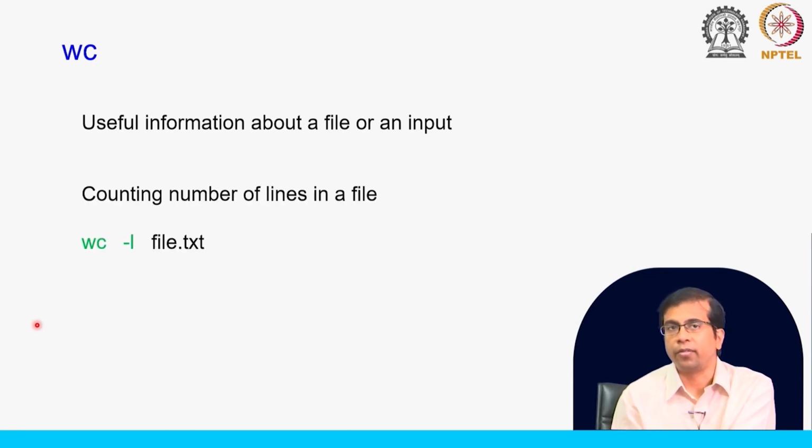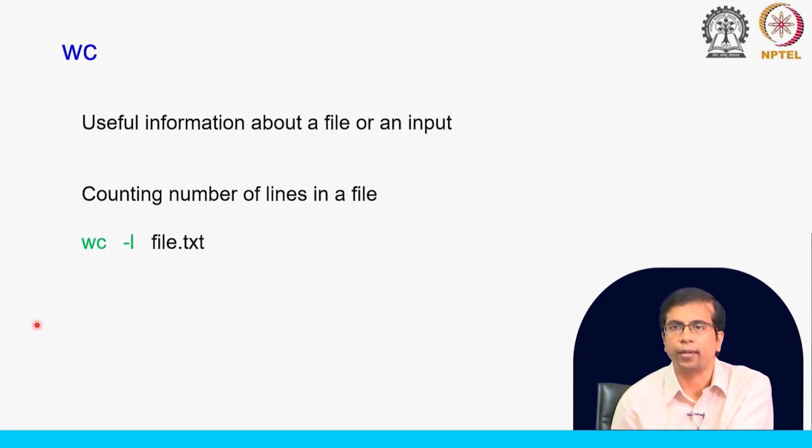So, one thing you can do without actually opening a file, you can count how many lines are there in that file. Okay. So, this wc command will tell you how many lines are there in that file. Something called wc minus l. The option is minus l and the file name. So, here the file name is file.txt, right.